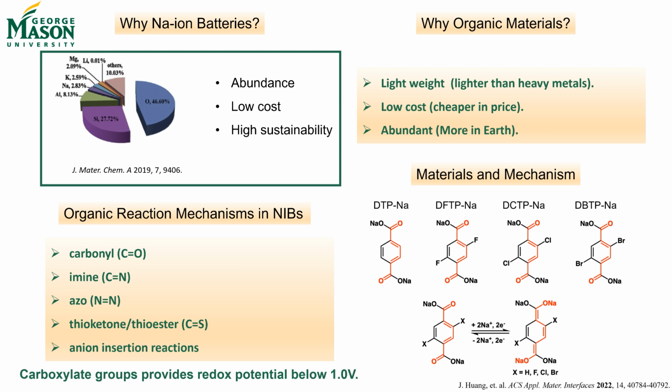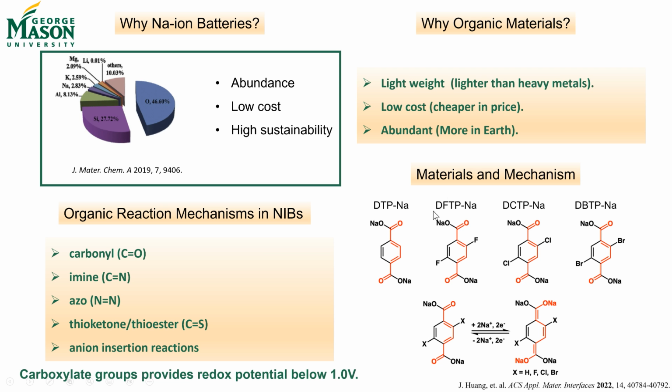Among these five different types of reactions, we are now focusing on the carbonyl reactions, to be more specific, carboxylate groups. The reason why we choose that is that the carboxylate groups can provide a low redox reaction potential below 1 volt, which is an advantage as an anode material.